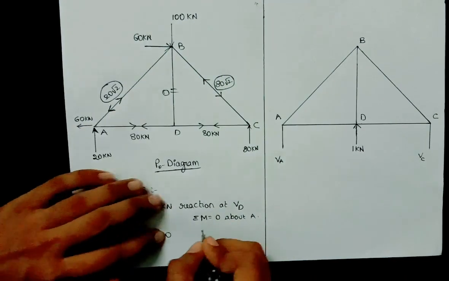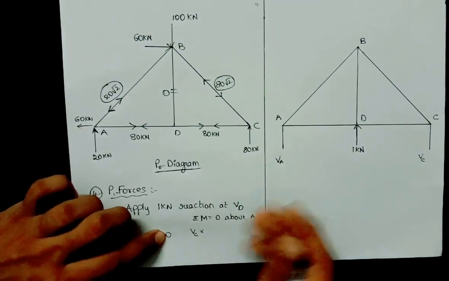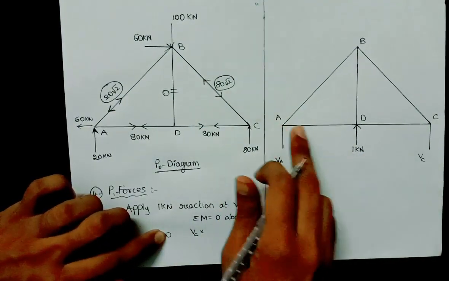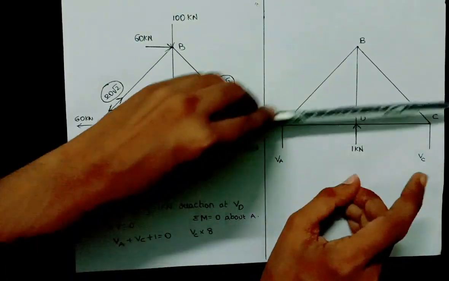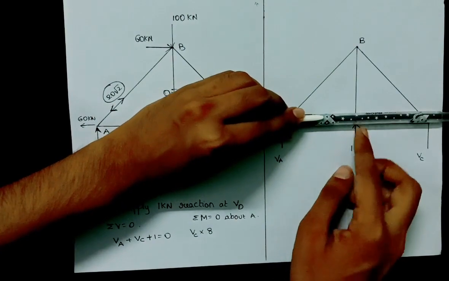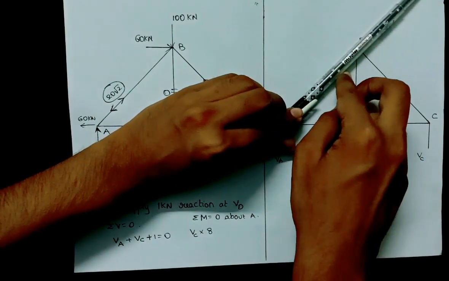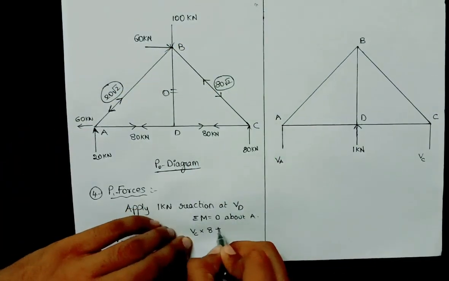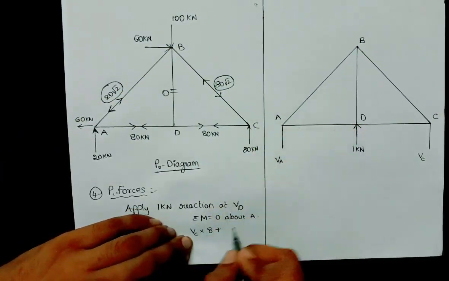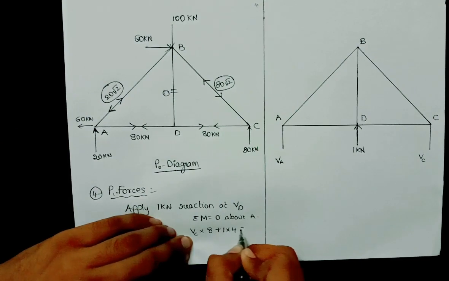I am taking anti-clockwise as positive. VC into the perpendicular distance, 4 plus 4, 8. Now this 1 kilonewton is also lifting upward, so that is anti-clockwise and also positive. 1 into perpendicular distance 4 equal to 0.